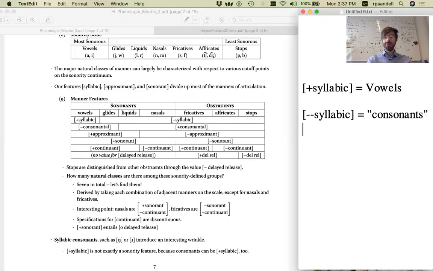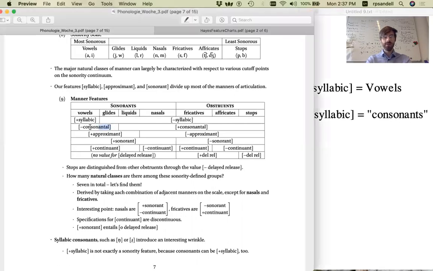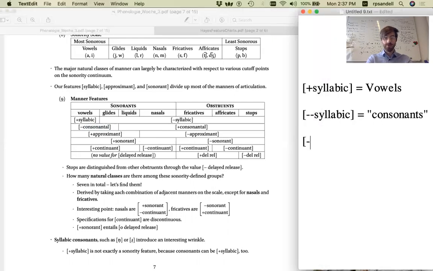Then we have a natural class of non-consonantal sounds. For a number of you, this may be slightly confusing. Here, the feature consonantal is used to mean, in general, that there is any sort of closure or blockage of the airflow whatsoever. In the production of a vowel and a glide, there's really no oral blockage for the passage of air outward.